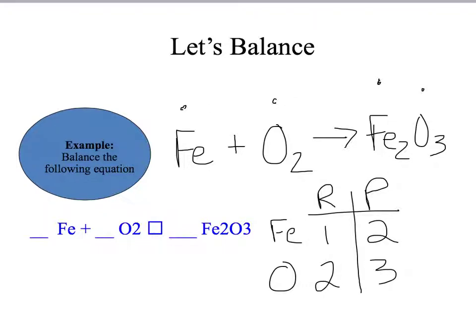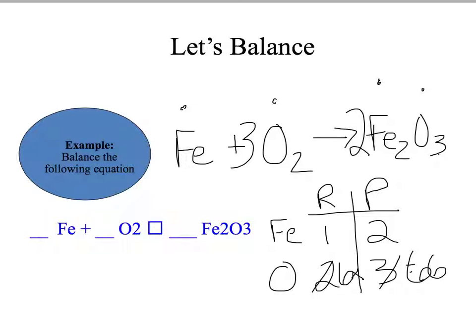There's 3 of them. So I'm going to add coefficients, but it's going to change everything. There's lots of changing that's going to happen. And whenever I see a 2 and a 3, I think 2 times 3 equals 6. And so I'm going to put a 3 here, so that equals 6. And I'm going to put a 2 here, so 2 times 3, that equals 6. So I have 6's.